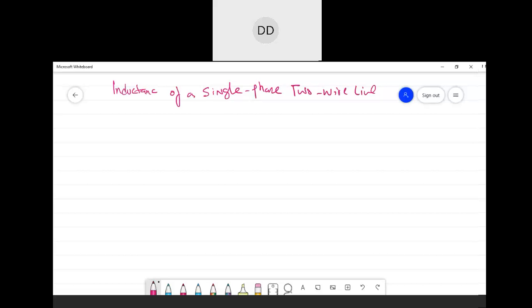We have two conductors. One conductor is here, another conductor is here. So this conductor is having a radius of r1 and another conductor is having a radius of r2. They are separated by a distance of d. Here I wanted to write d, but somehow it became o.